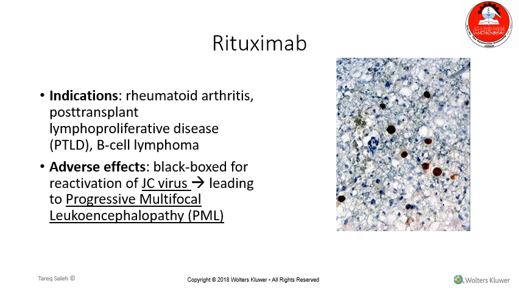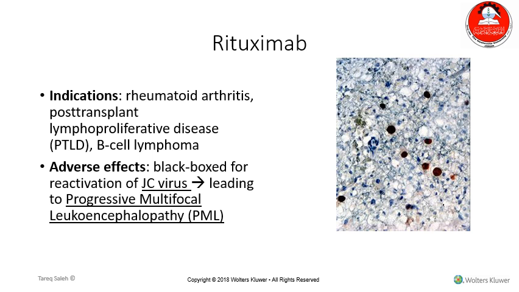Lastly, rituximab can be associated with a life-threatening rare viral infection caused by the reactivation of JC virus. So this virus is an opportunistic microorganism, meaning that under normal immunity conditions, it is inactive in case the patient was infected.